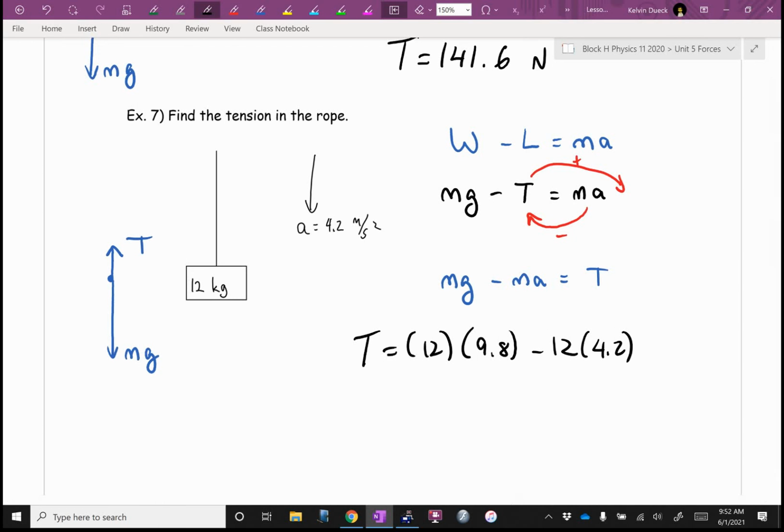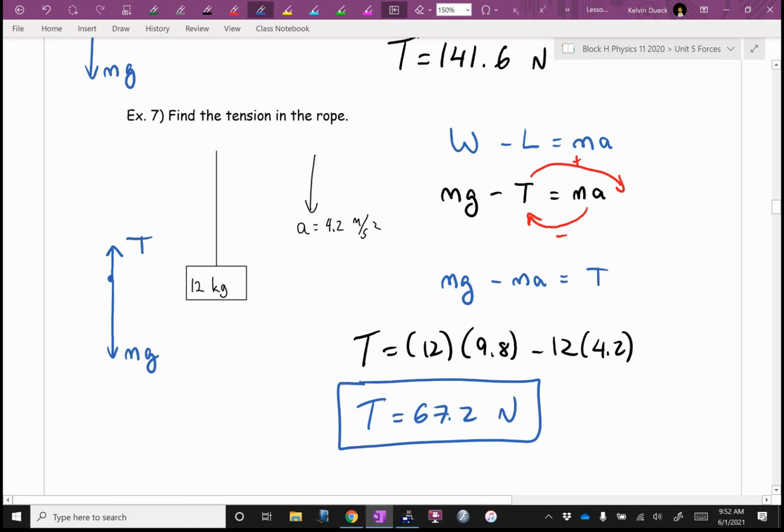Well, maybe. 12 times 5.6 is going to be 60 plus... 67.2? Yeah. There you go. Nailed it. It's a force, so newtons.